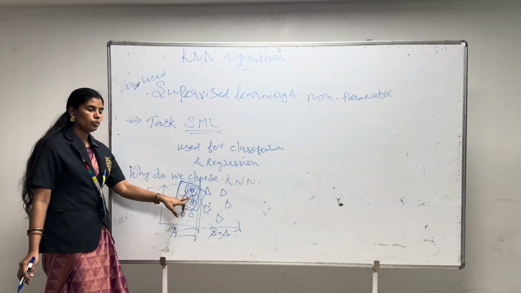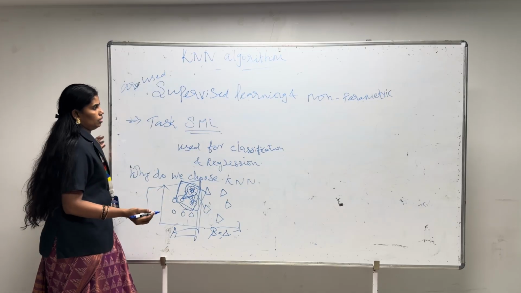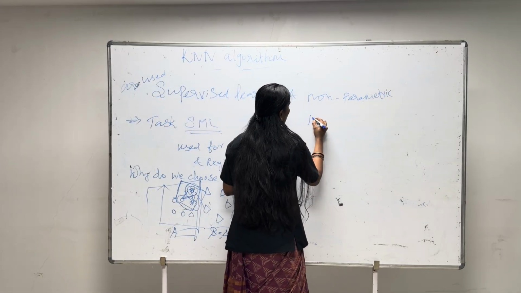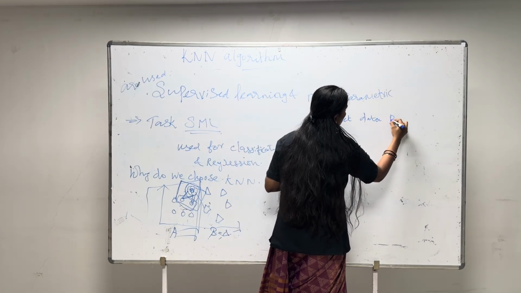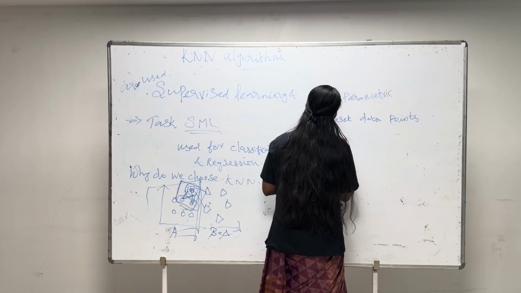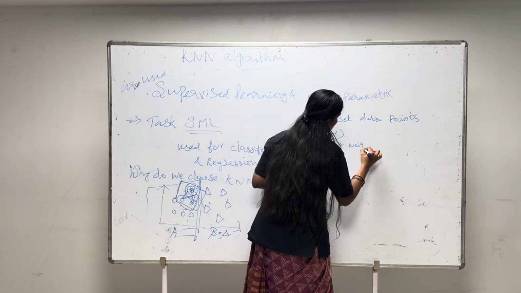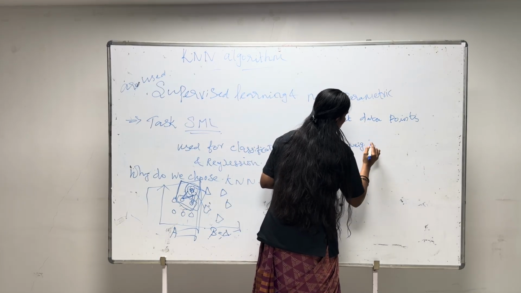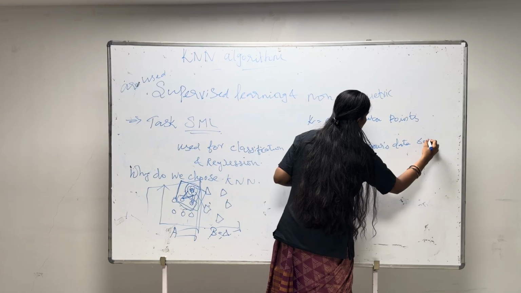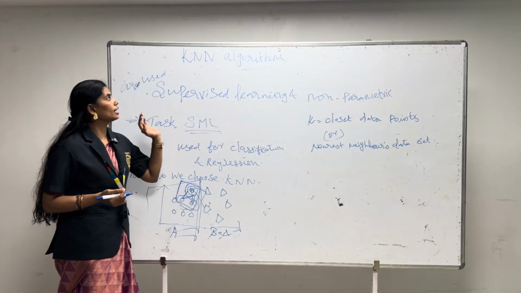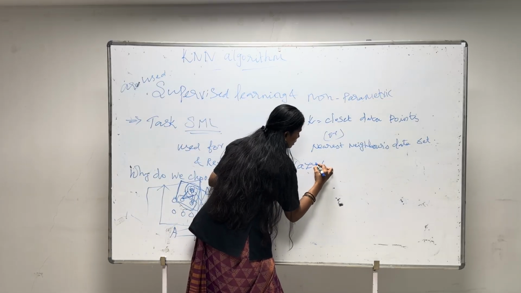So the new data input belongs to category A. That is why we are choosing KNN. K is denoted as the closest data points or nearest neighbor data sets.